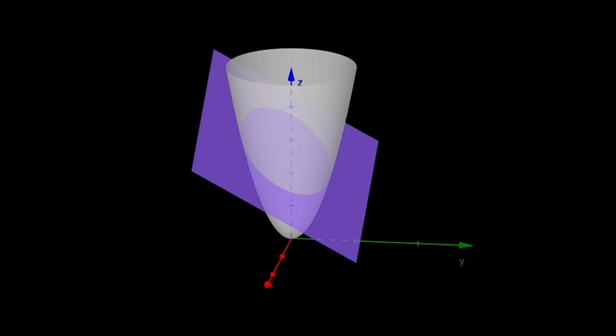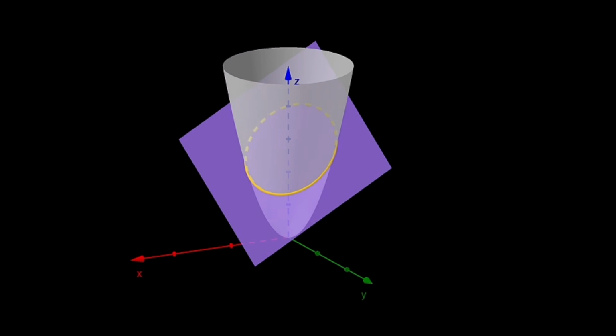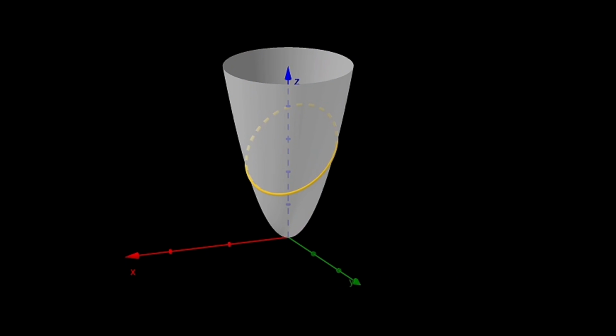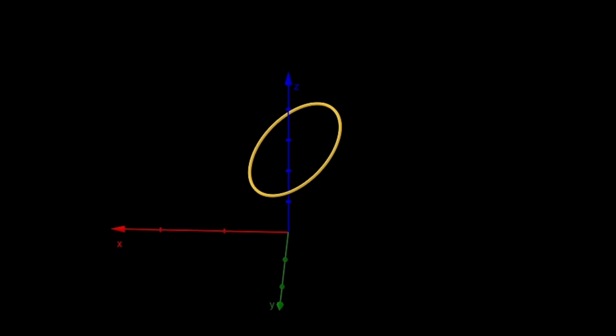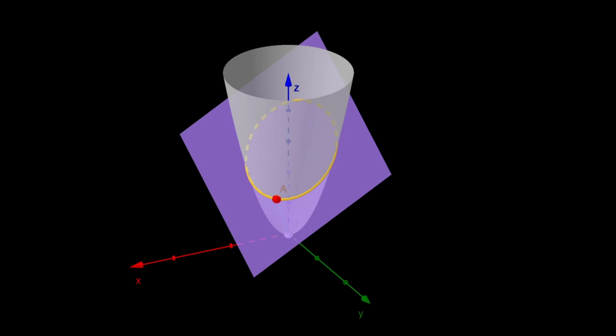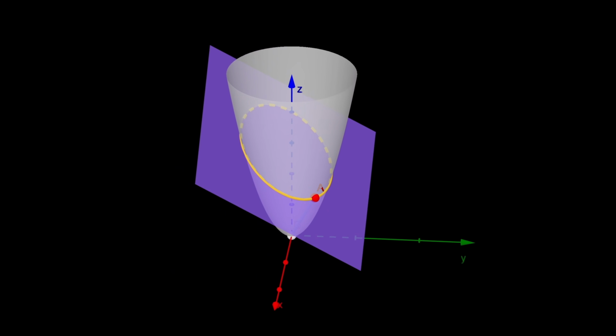Notice that its intersection is described by this ellipse, and in the problem, you are asked to find the point in this ellipse that is closest to the origin. If you observe this one closely, such a point is located in this area. Let us now find this point and its distance from the origin.